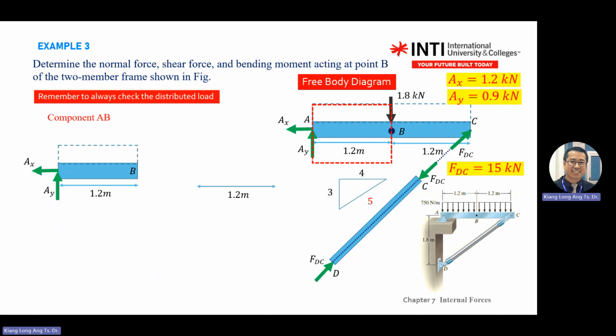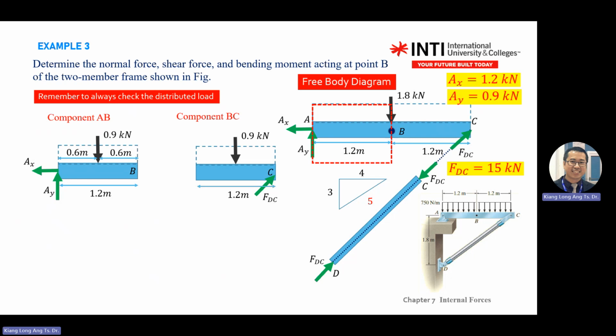Okay, the rest you read the rest of the example. As you can see, the diagram split into two halves, AB and BC. You still need to copy the distributed load 750, and then this is a rectangular.